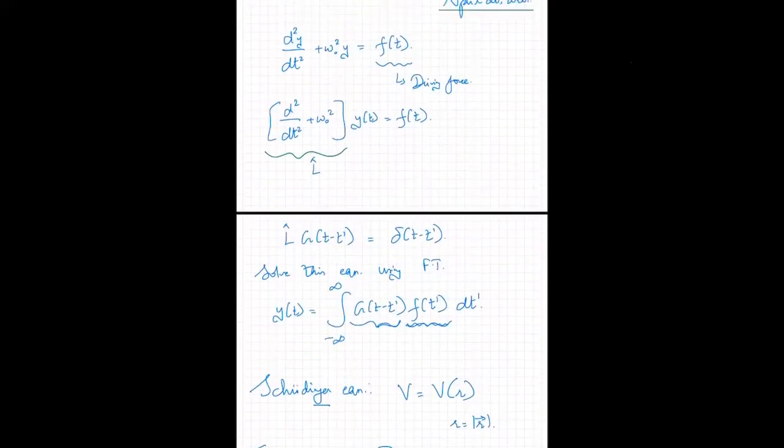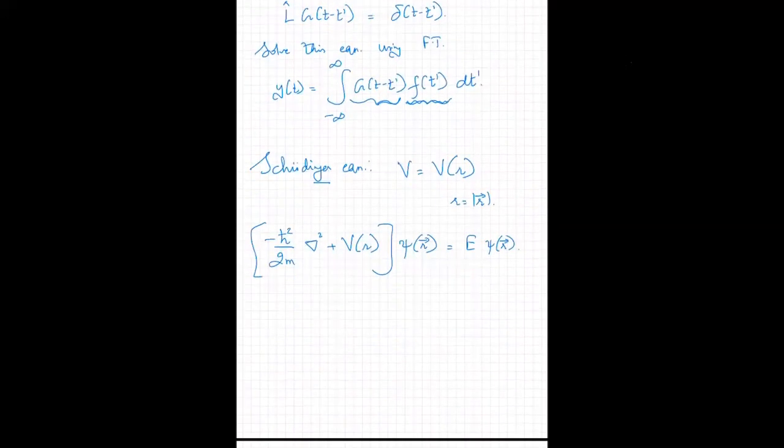So the equivalent of the f of t is basically V of r here. So if I rearrange this equation, for example, I will get h bar square over 2m del square plus E, acting on psi of r, equals V of r psi of r.